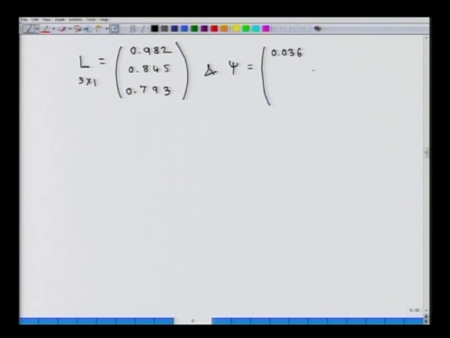This is first entry, this is 0.286, and this is 0.370. Rest are null entries. This is what thus is the solution.